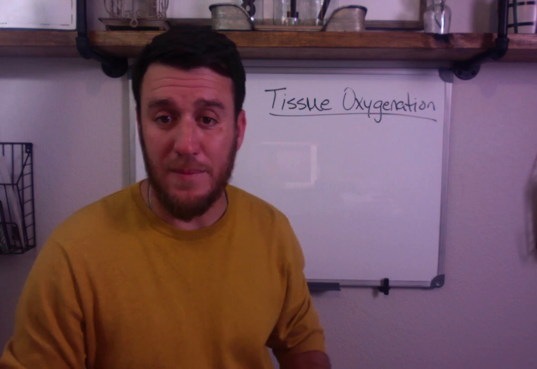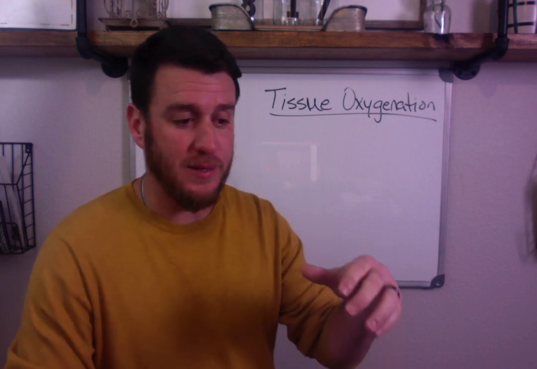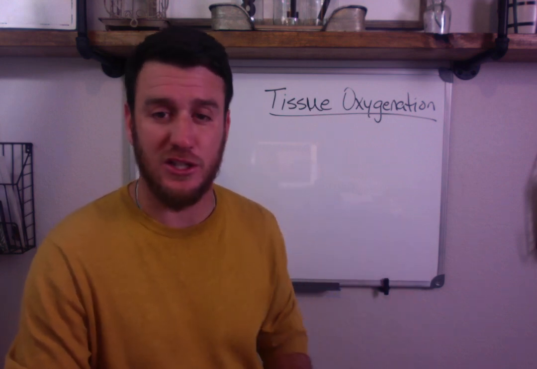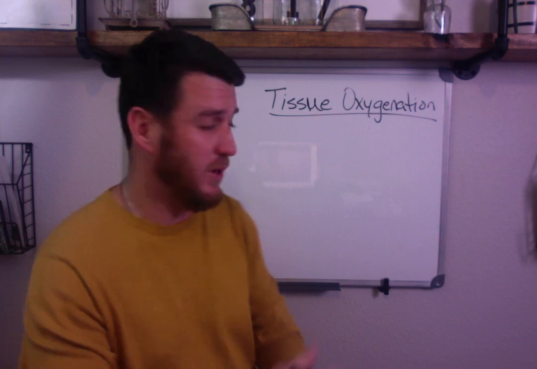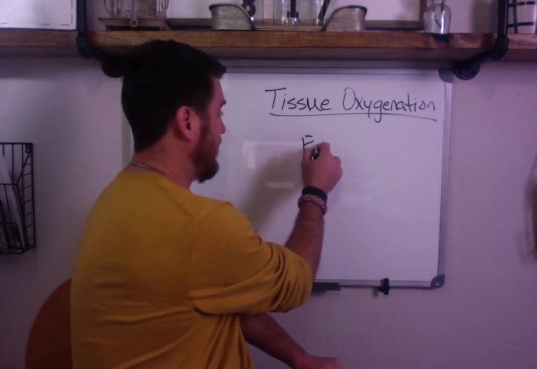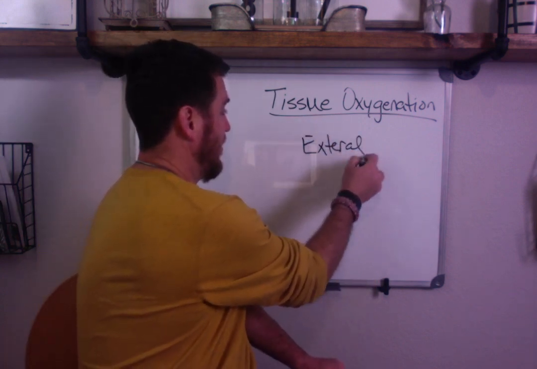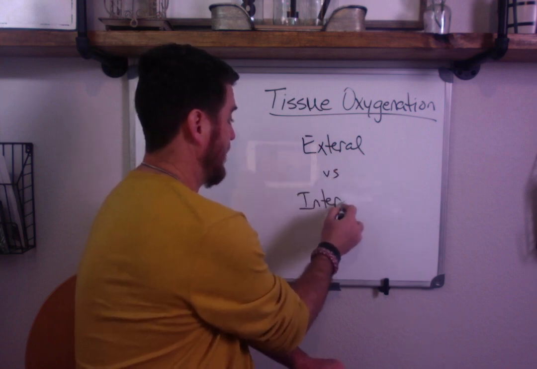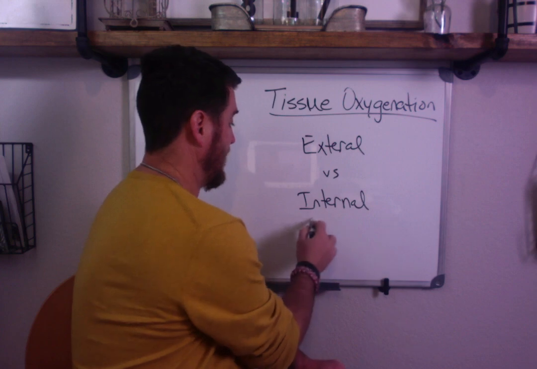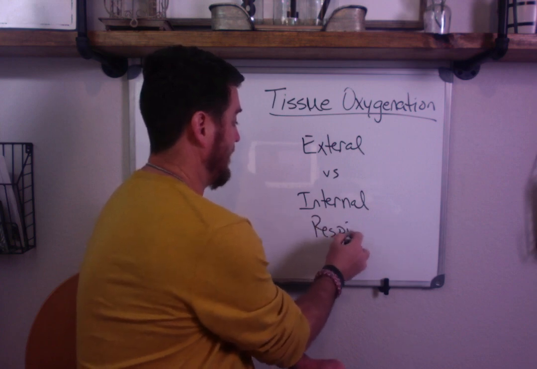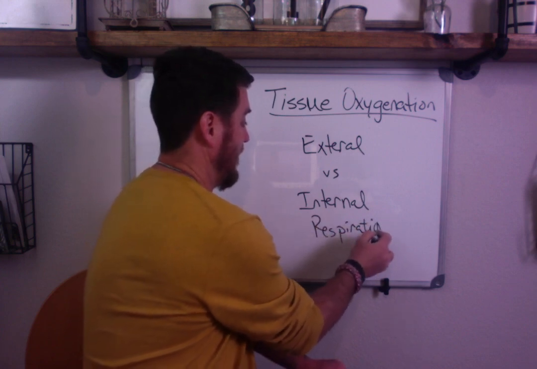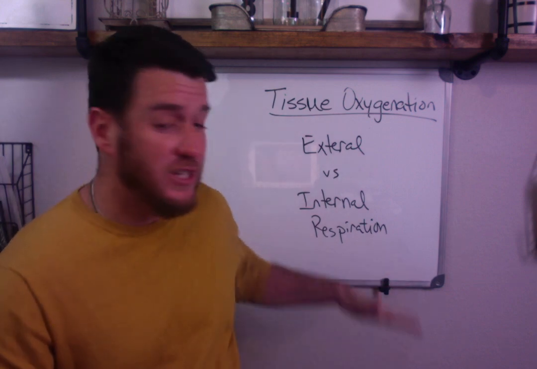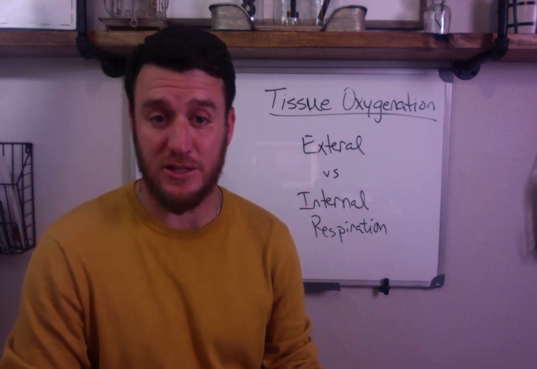When you learned way back in school, probably in anatomy and physiology, you learned about the difference between external versus internal respirations, right? Now, the term respiration refers to gas exchange.